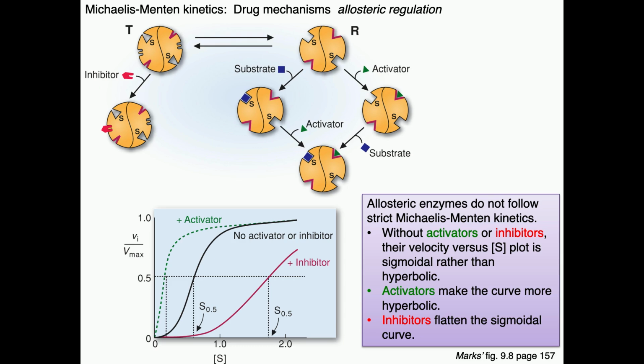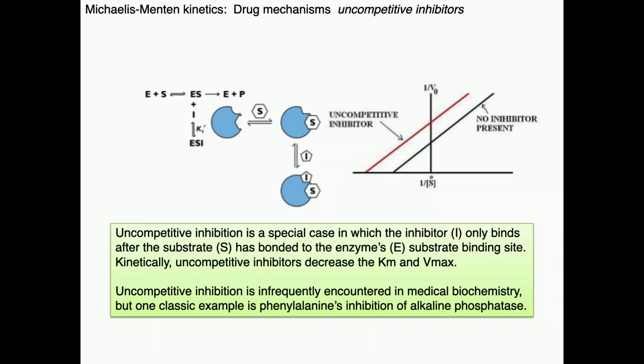Okay. Final one that I'll talk about, and I'm not going to test you on this one because I haven't encountered it, but sometimes I get questions about it. This is an uncompetitive inhibitor, and the uncompetitive inhibitor doesn't bind until the substrate binds.